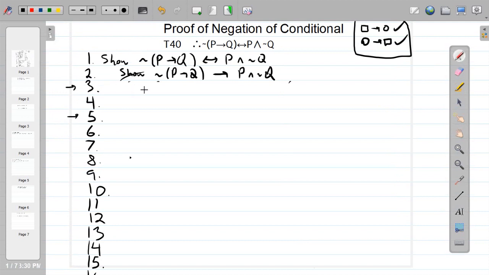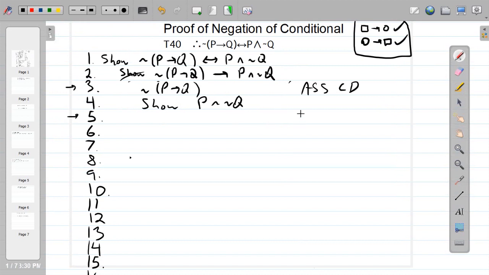So we still need to, if P then Q, we're going to assume this for conditional derivation. We're going to try to show P and not Q. But now it's really easy.